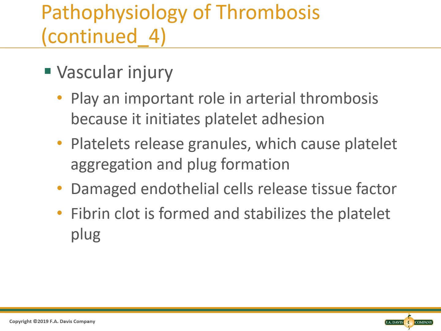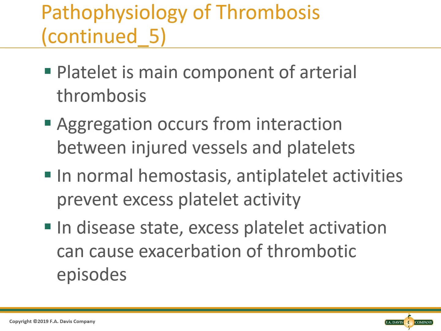Then the damaged endothelial cells will release the tissue factor, then the fibrin clot is formed, and then it's going to stabilize that platelet plug. So the platelet is the main component of the arterial thrombosis. Aggregation occurs from the interaction between the injured vessels and the platelets. So in normal hemostasis, the antiplatelet activities prevent excess platelet activity.